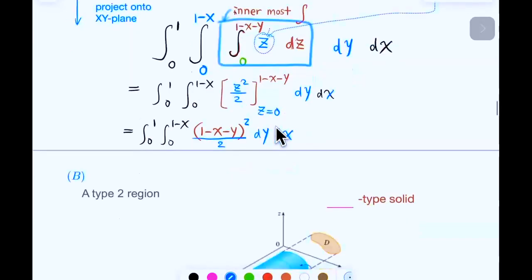Later you will do this integral and finish it. Finally, the answer over here, after we do the calculation, is going to be 1 over 24.